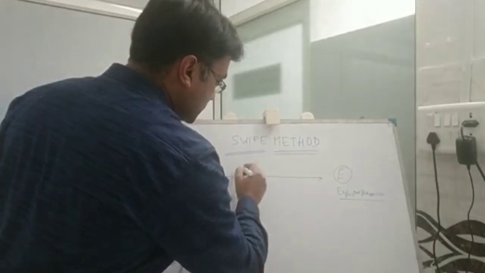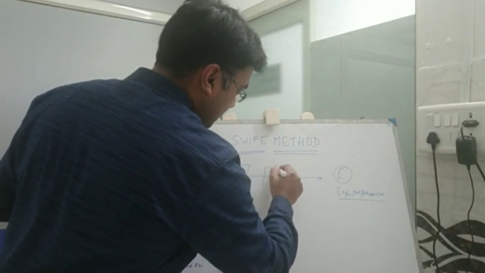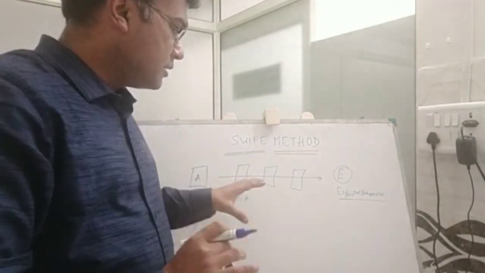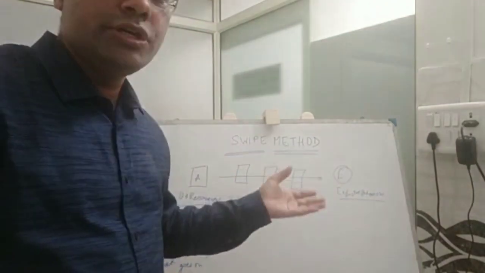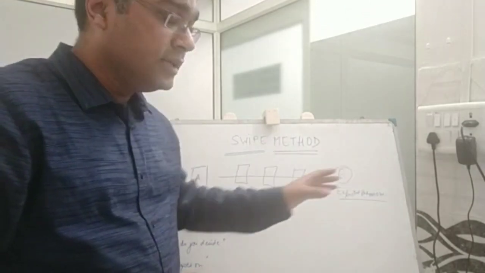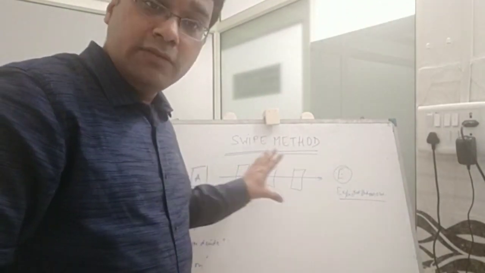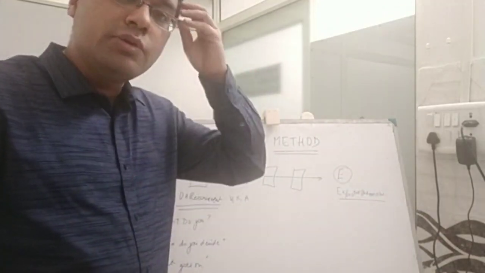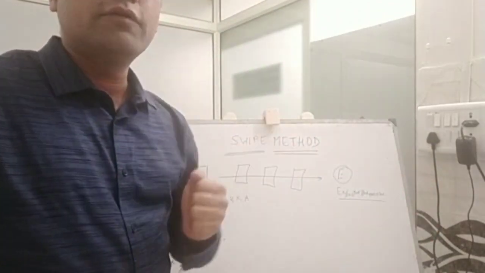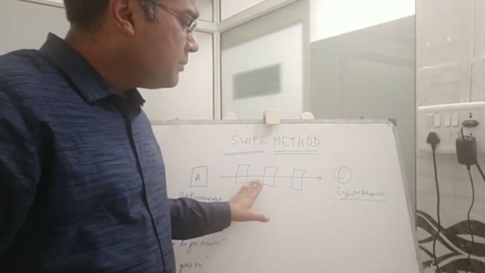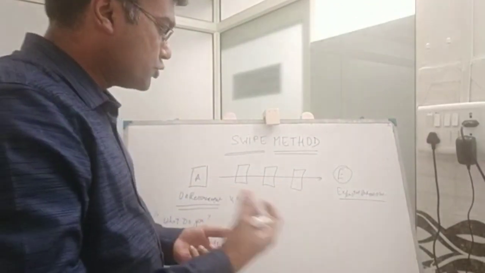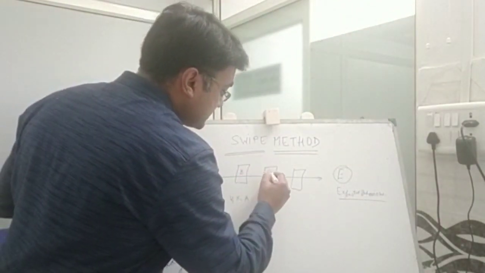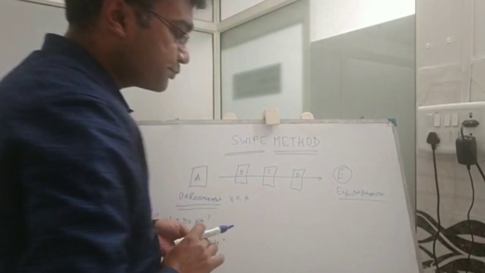Label them as B, C, D. Mind you, it's not hard and fast; there can be n number of events, memories or images which you want to implant inside the head of the client for a more resourceful outcome. There can be n number of events, that is what I want to stress.